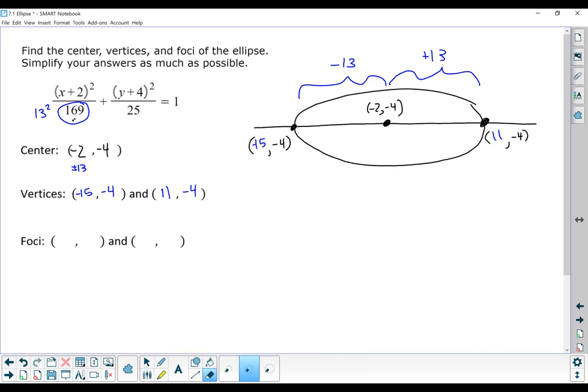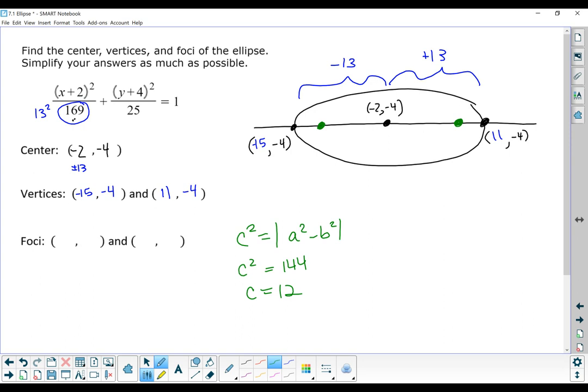Okay, so for the foci, which are here and here-ish, somewhere along there, we don't know the exact distance yet, so we need to do our quick calculation. c squared is a squared minus b squared, absolute value. So this one is 169 minus 25, which gives us 144. So c is 12.